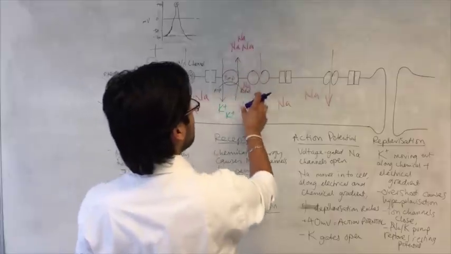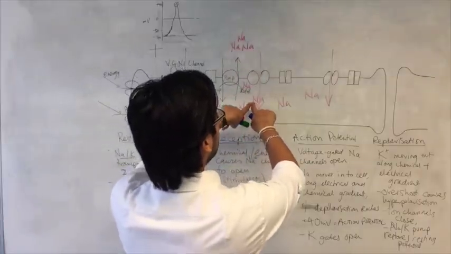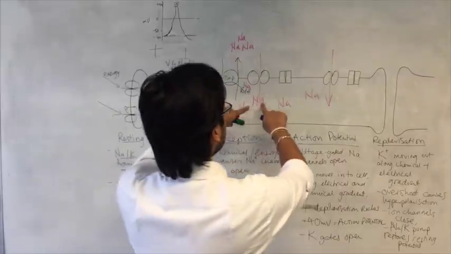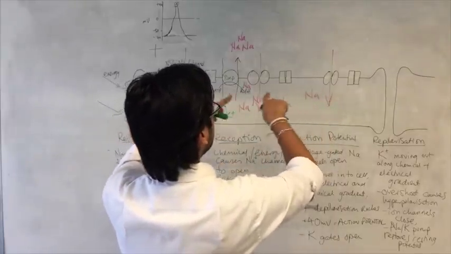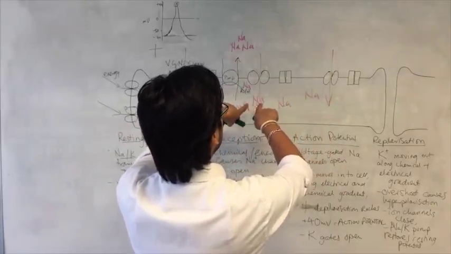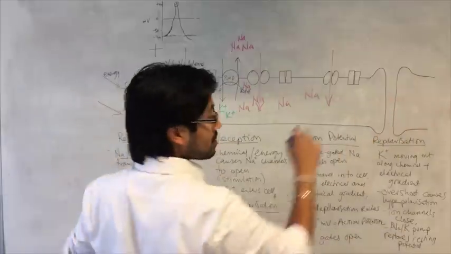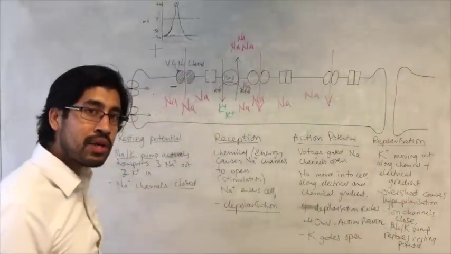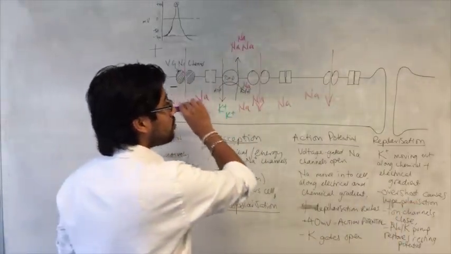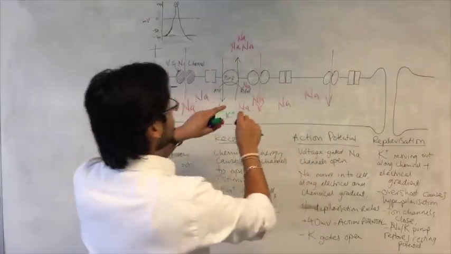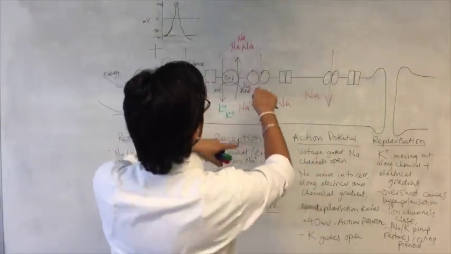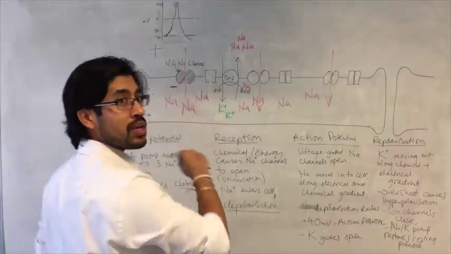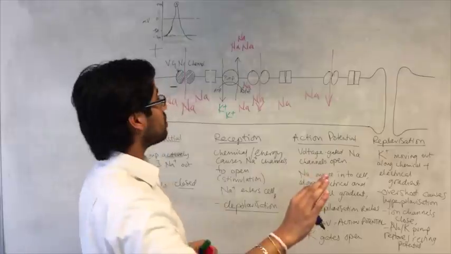Now, when this sodium comes back in, it diffuses in both directions. So in theory, you could get an action potential spreading in both directions. But what stops that from happening, and what means that the action potential only goes in one direction, is that because this voltage-gated sodium channel is undergoing its refractory period, it cannot be opened.